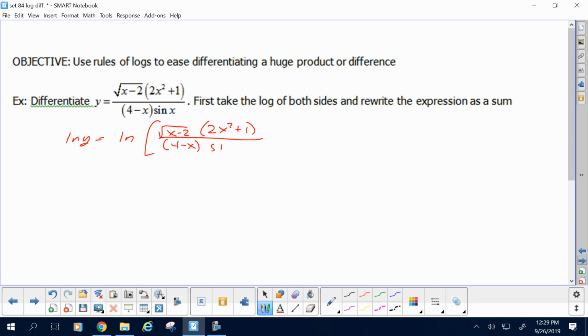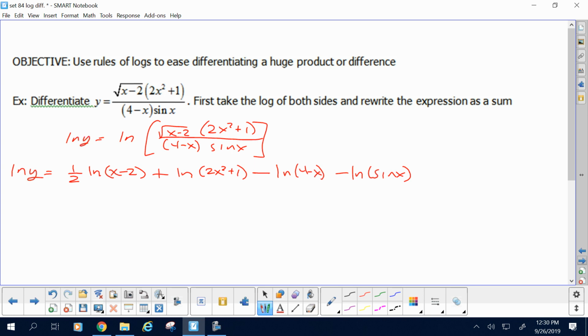Now that seems like a major step backward because it seems like you almost made it more complicated. Yet, on the right-hand side, I can now write it as 1/2 natural log of x minus 2 plus log of 2x squared plus 1 minus log of 4 minus x minus log of sine of x.